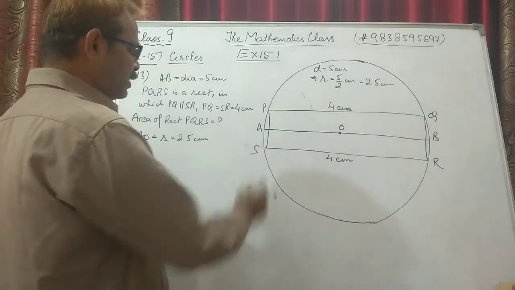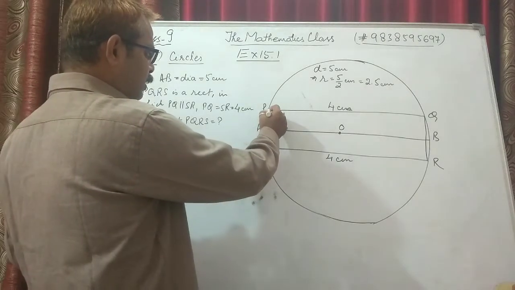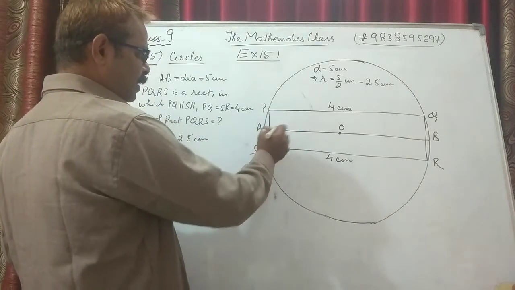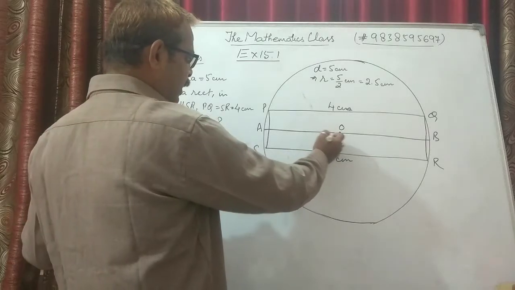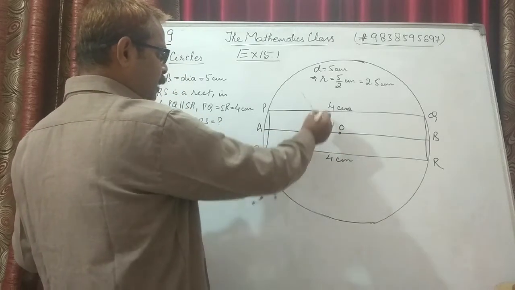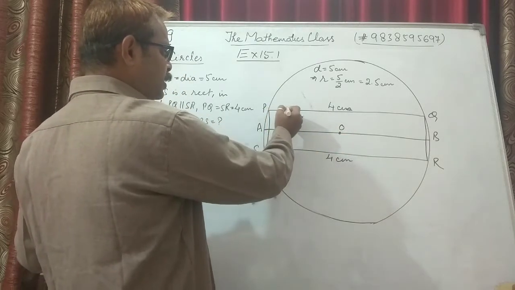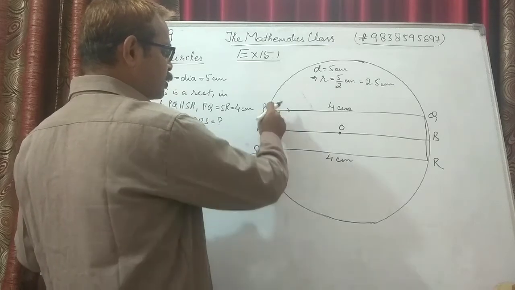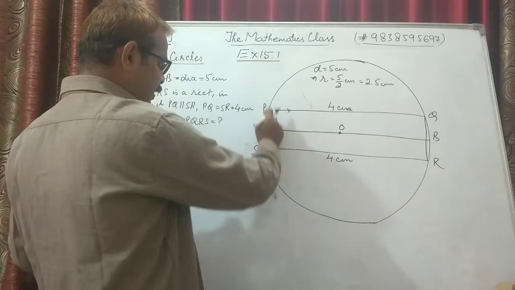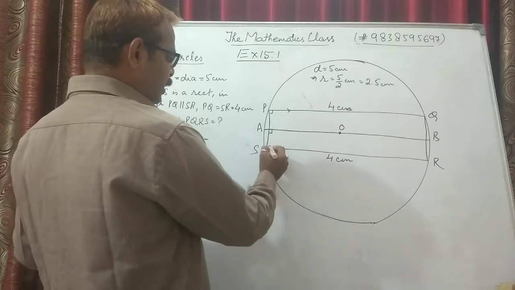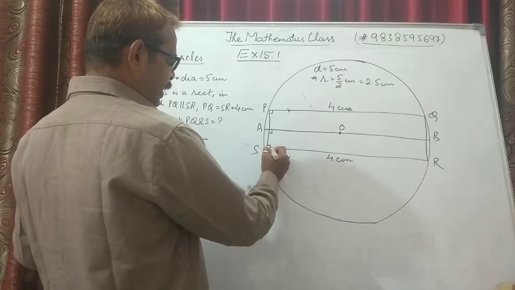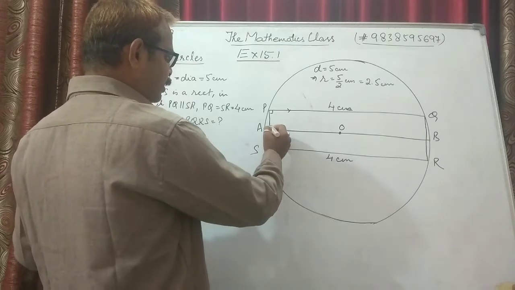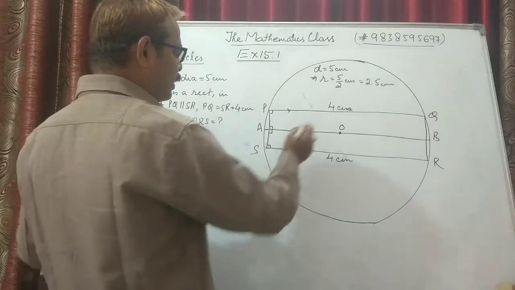We have to find the value of PS. Now this line is parallel to PQ. It means if this angle is 90, this will be 90, because these are corresponding angles intersected by a transversal. Similarly, angle of a rectangle is 90 degrees.